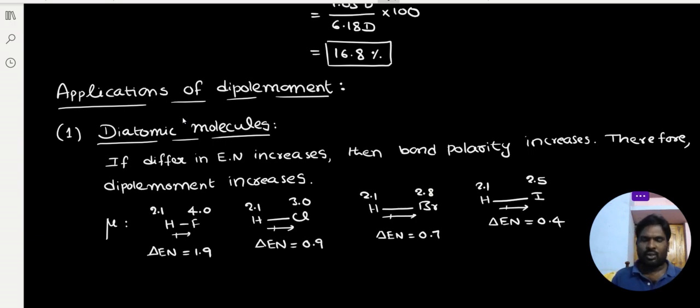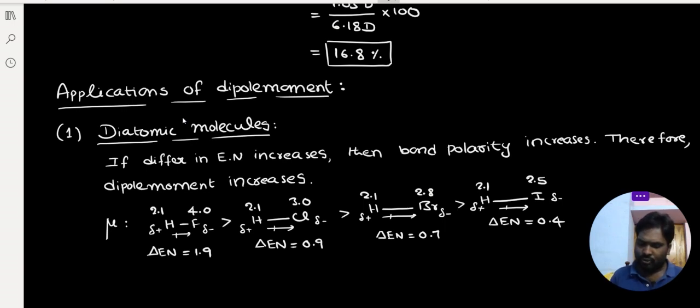Okay, if the difference in electronegativity increases, then bond polarity increases, with partial negative on the more electronegative atom and partial positive on the less electronegative atom. Then the dipole moment increases.